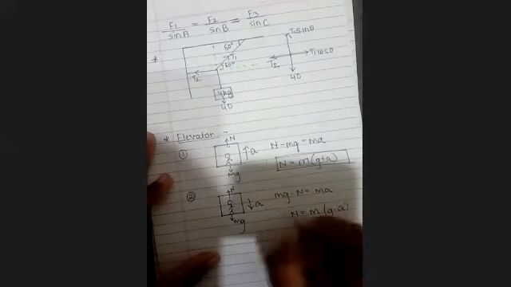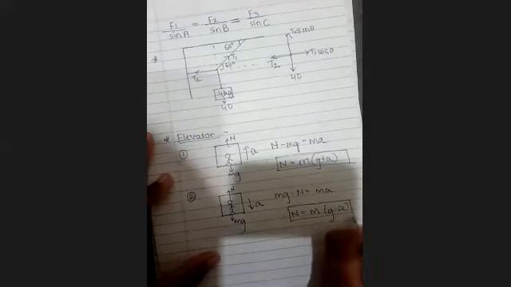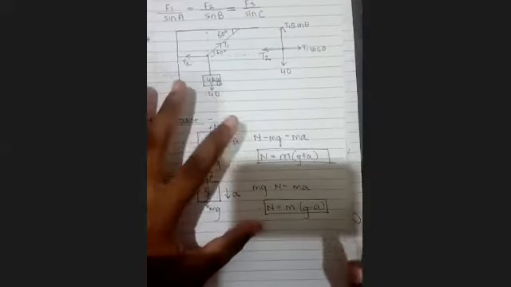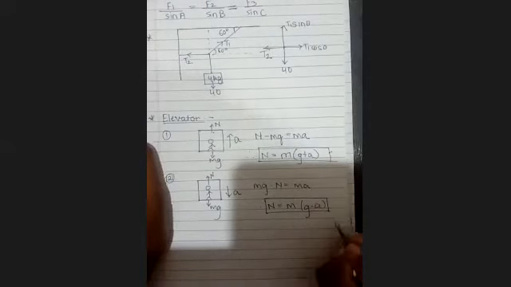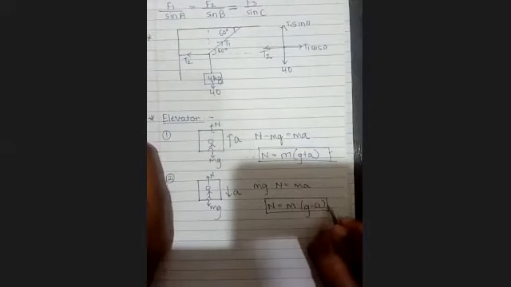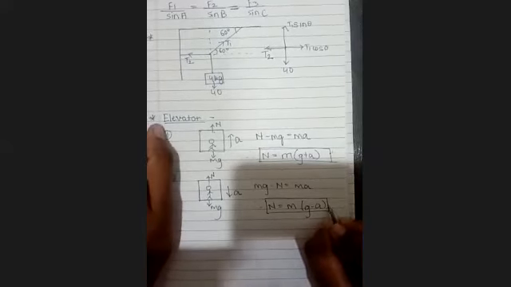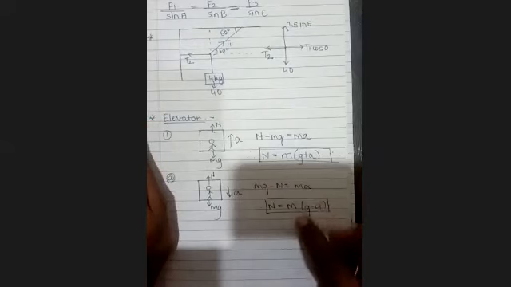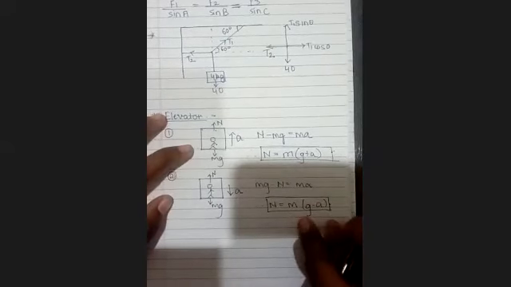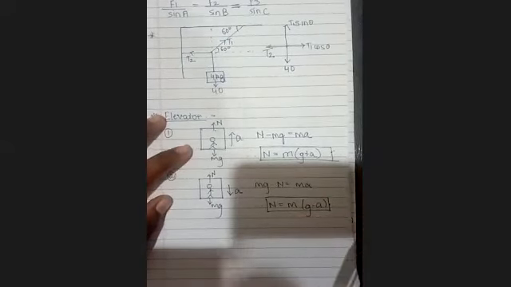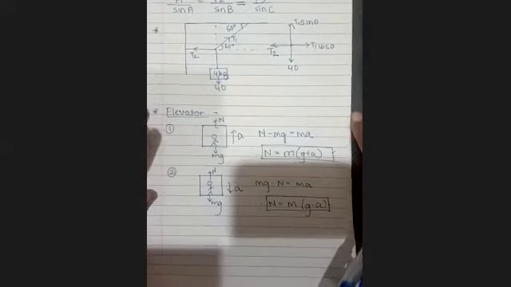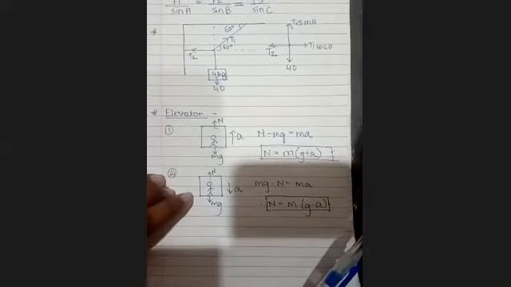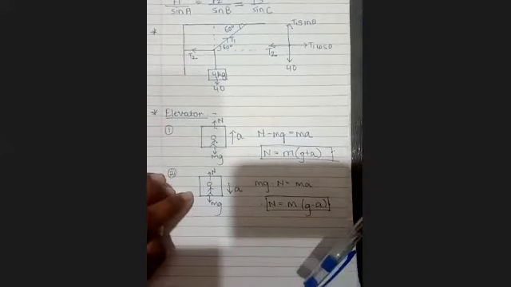In both cases, we can see that the normal reaction is greater when accelerating upwards, whereas it is less when accelerating downwards. So we feel that our weight increases when we go up, and decreases when we go down.